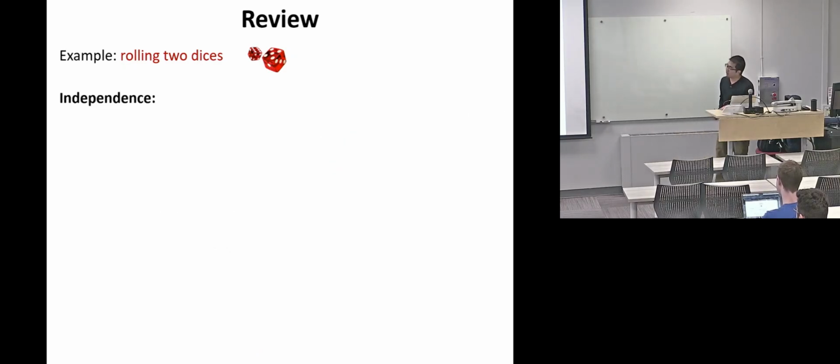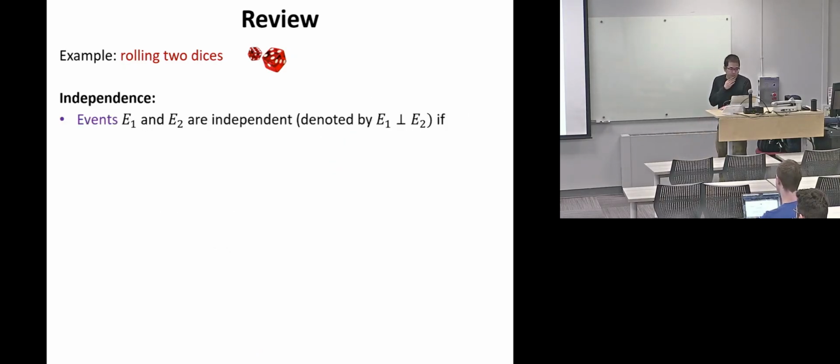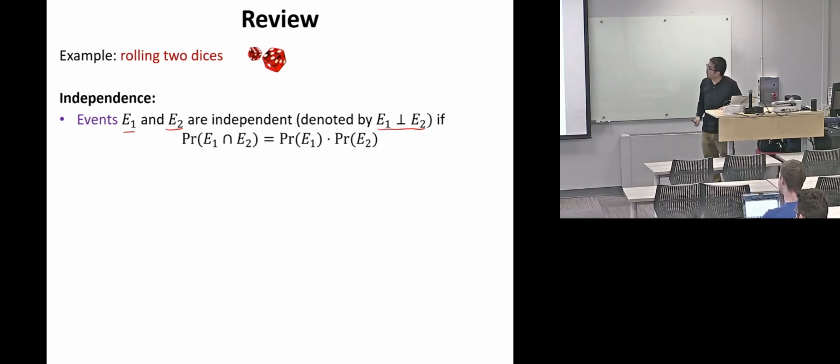Now let's recall what independence is. The two events E1 and E2 are independent, and I will denote that with this notation, if the probability that E1 and E2 happen at the same time is just the probability of E1 times the probability of E2.